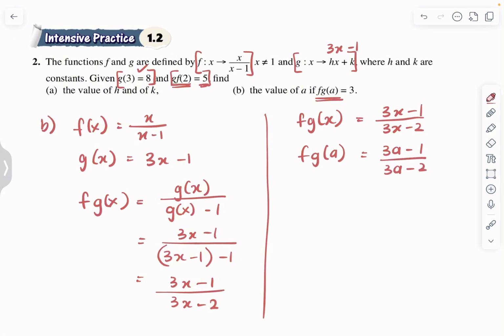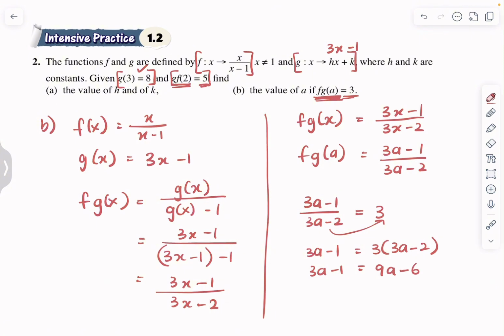Okay, so now they said fg(a) is equal to 3. So we can say 3a minus 1 over 3a minus 2 equals 3. Then we can solve this. So this whole thing you times there. So 3 times 3a minus 2 is 9a minus 6.